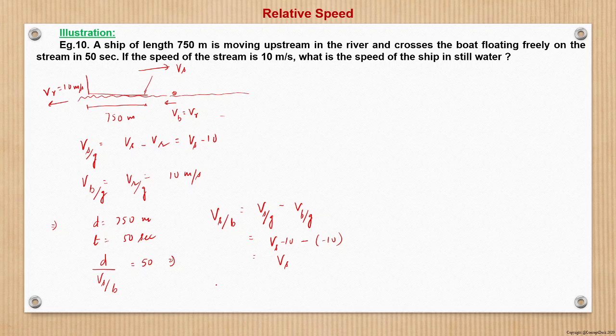So Vs minus 10 minus of minus 10 is Vs. So velocity of ship with respect to boat, that is the relative velocity, becomes d upon Vs is equal to 50, and d is nothing but 750 meter. So we can find Vs is equal to 750 upon 50, which is 15 meter per second, right? 15 meter per second.